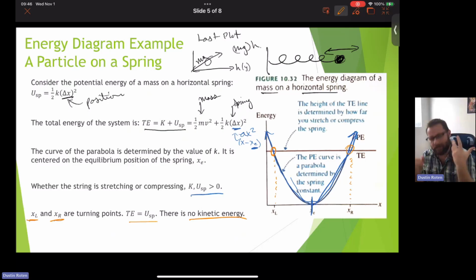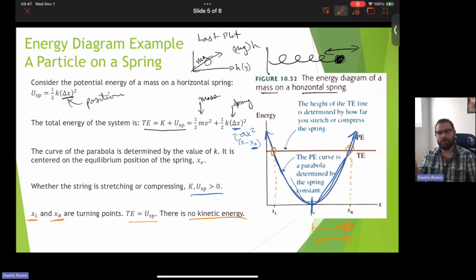Okay, now think about it. Just visualize a turning point. We have this mass being pulled back on a spring, or maybe it's oscillating. After it goes out to the maximum stretch, for just a brief moment, its velocity is 0, and then it heads back, right? So you can imagine we start moving to the right, but then after this mass on the spring gets stretched out, it's got to head back in the other direction.